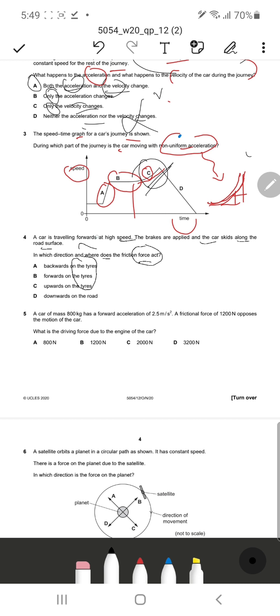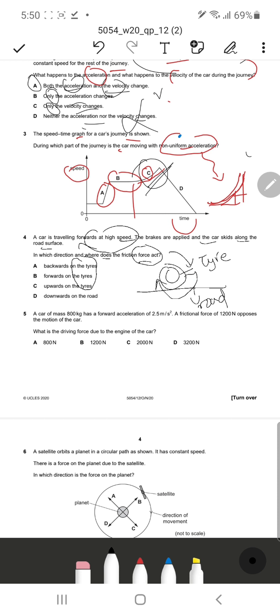As a car is traveling forward at high speed, if you consider this is our tire and this is the road surface, the tire is actually rotating like this, and the road is applying a force to stop the car, which is a frictional force.